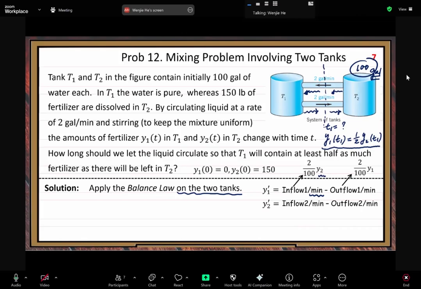Similarly for y2 prime, 2% of y1 flows in, and 2% of the y2 amount flows out. Just the opposite direction.